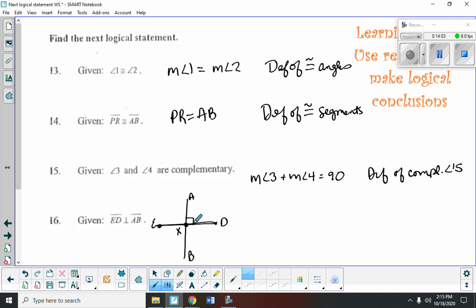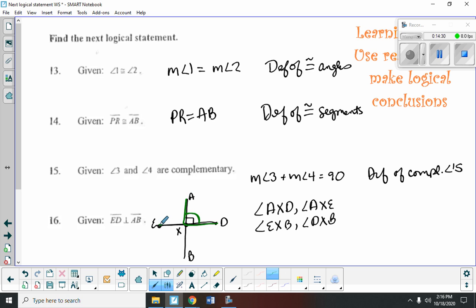So what we could say then is that angle AXD, angle AXE, angle EXB, and angle DXB are right angles. AXD, that's this one.